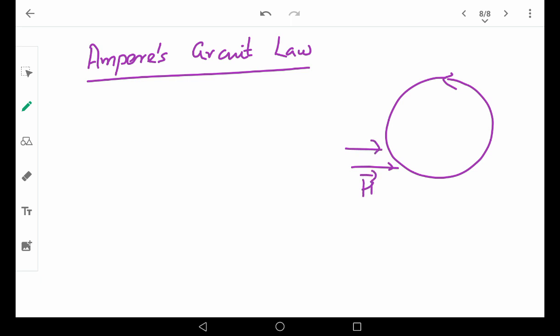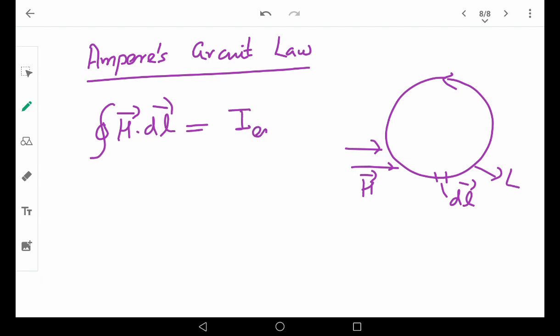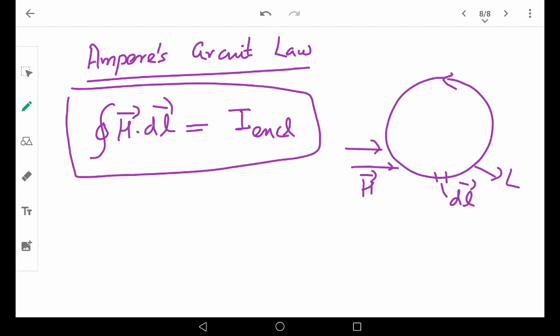So this is a closed path L. You have the integral of H dot dl, where dl is a differential length, and it will be equal to I enclosed. This is a statement of the Ampere circuit law.